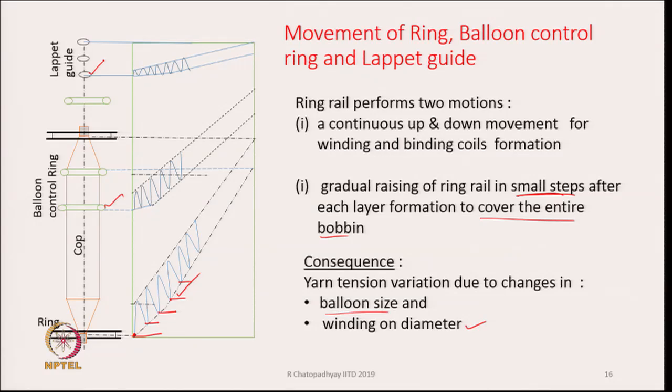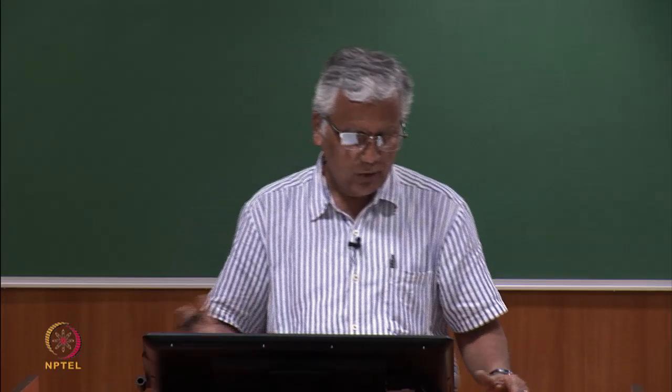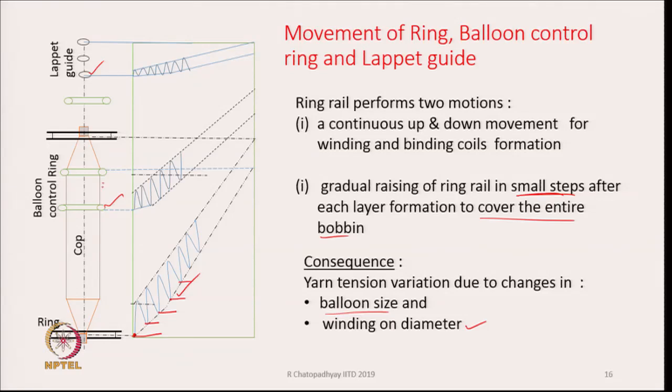It actually makes a big balloon into two parts; two sub balloons get formed. So, we also keep moving the balloon control ring from here to there, this movement we allow. Similarly, the lappet guide also moves like this.